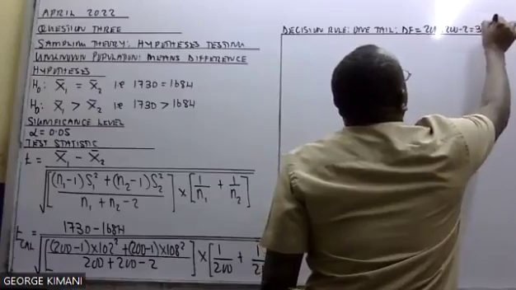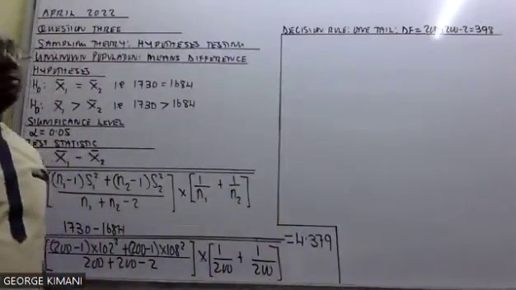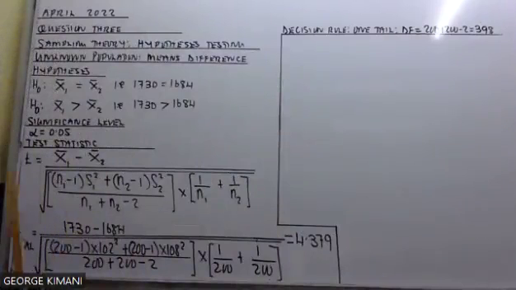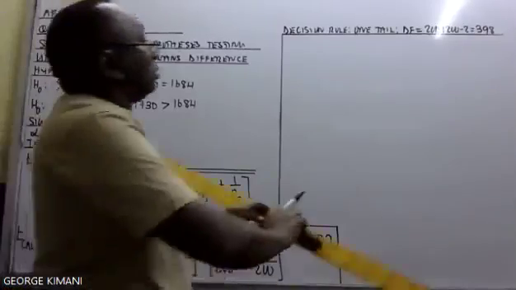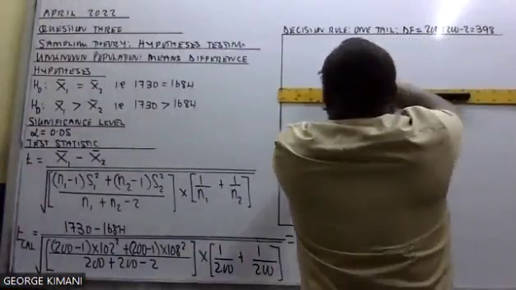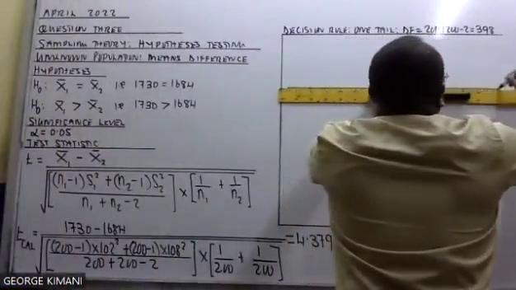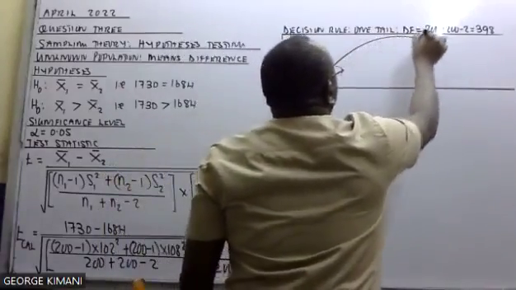That is 398. Those will be the degrees of freedom. Alpha, we already know it is 0.05. So with that, we design the rule.